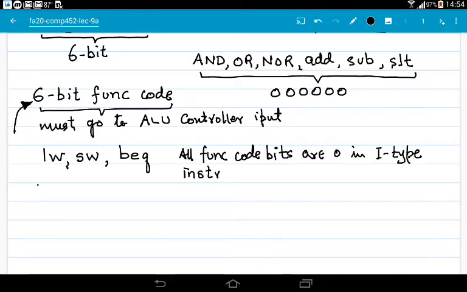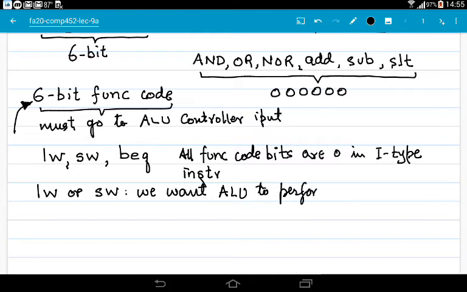When the processor is executing a load word or store word instruction, we want the ALU to perform the addition operation to calculate the data memory address.